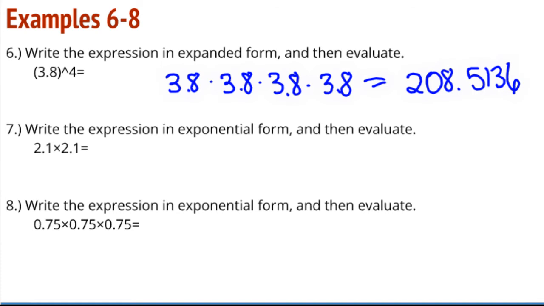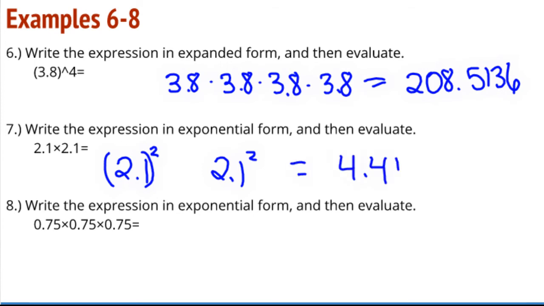And on this one, we're asked to write it in exponential form. Now, you can put the parentheses around the decimal just to be super clear, but you don't have to. You could write it like that. And that would give us 4 41/100ths.